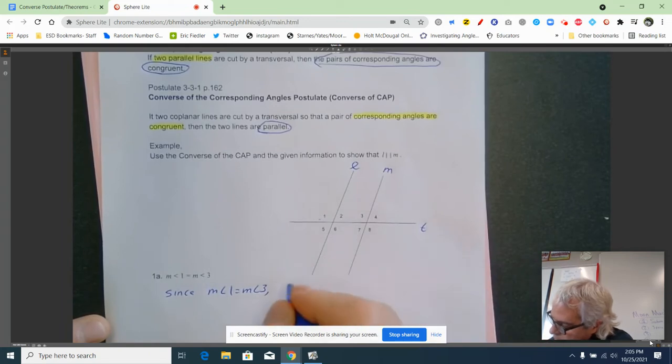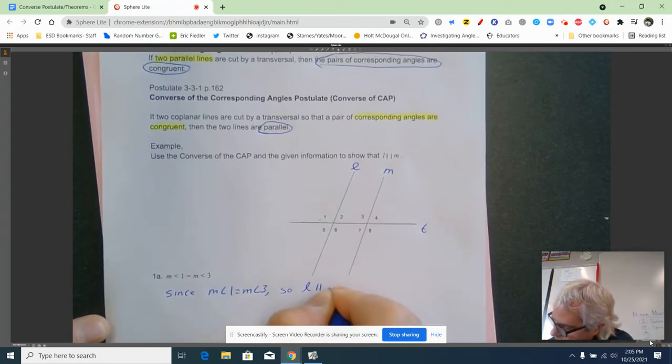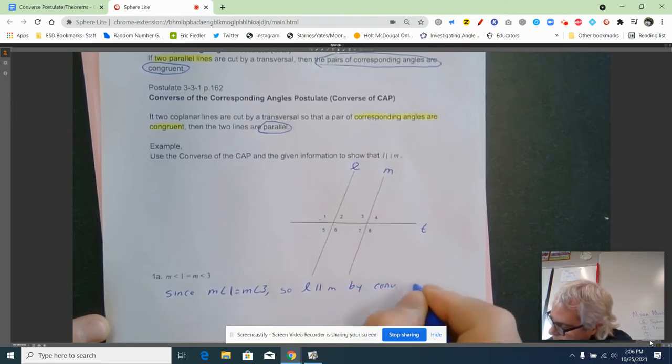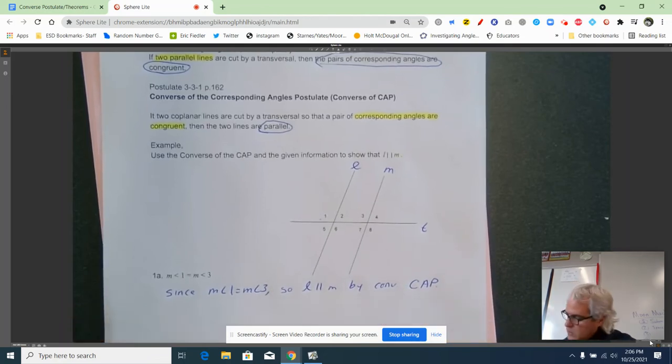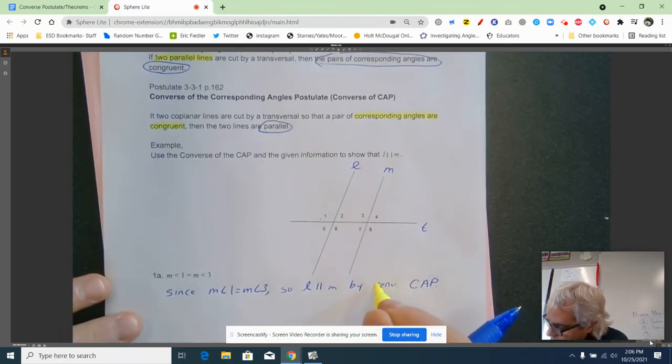We'll call this one T. So L is parallel to M by converse CAP.